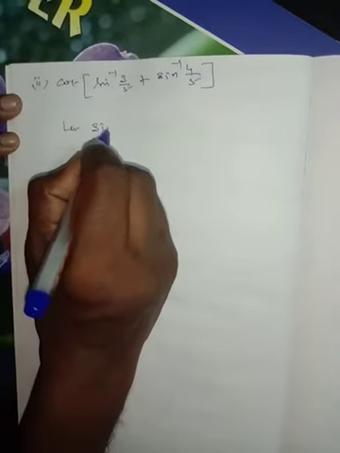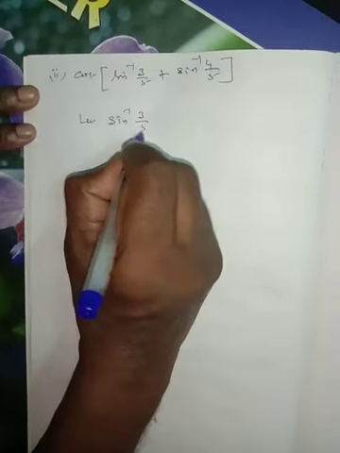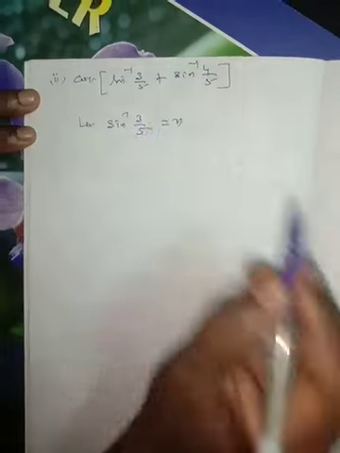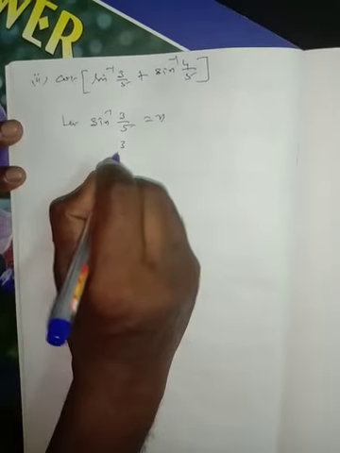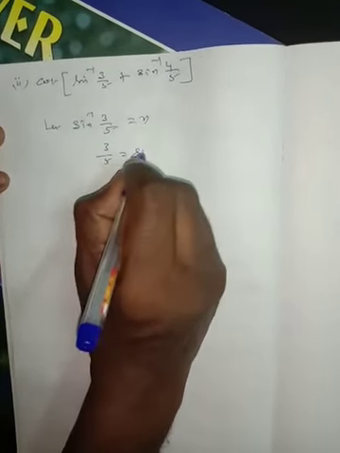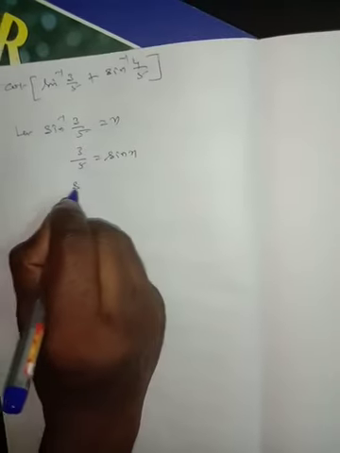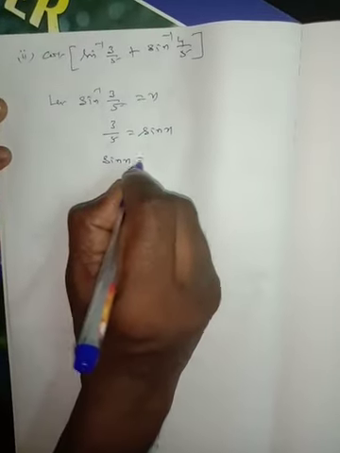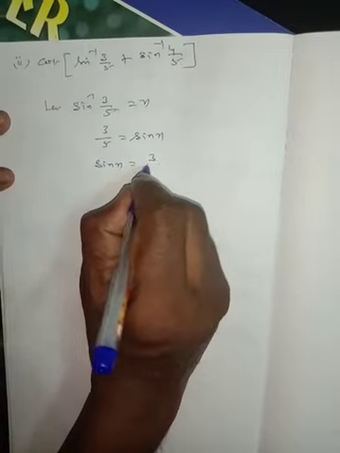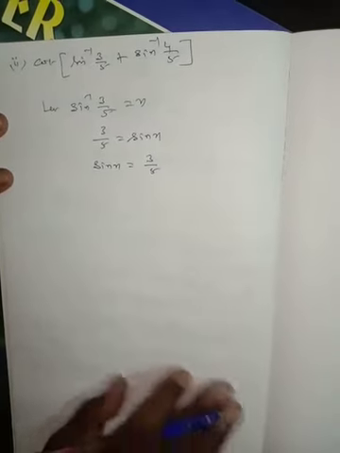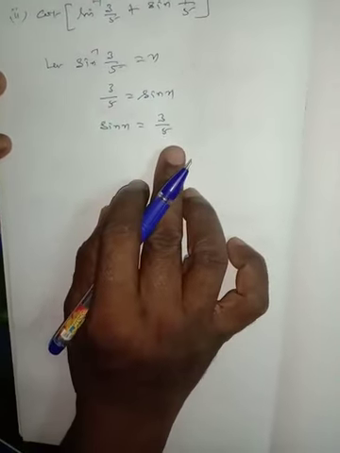First take this bracket. Let sin inverse of 3 by 5 be equal to x. Then 3 by 5 is equal to sin x. Sin x is equal to 3 divided by 5.